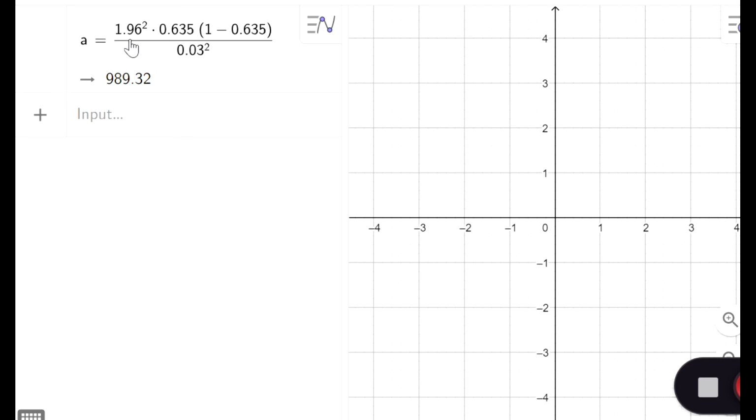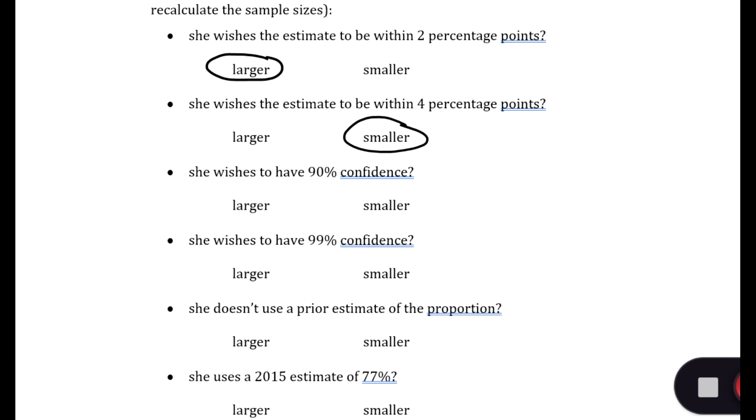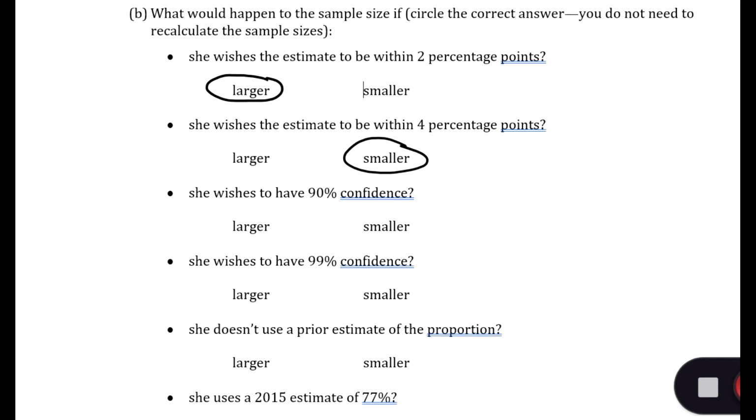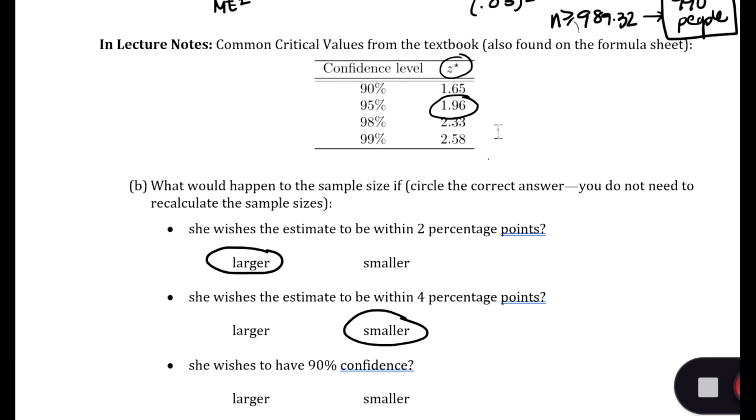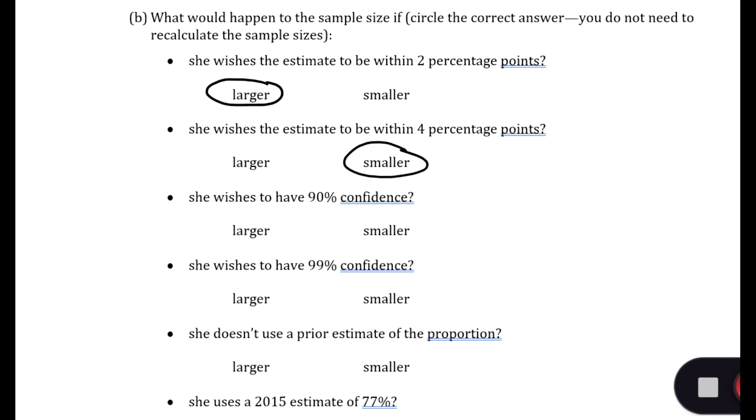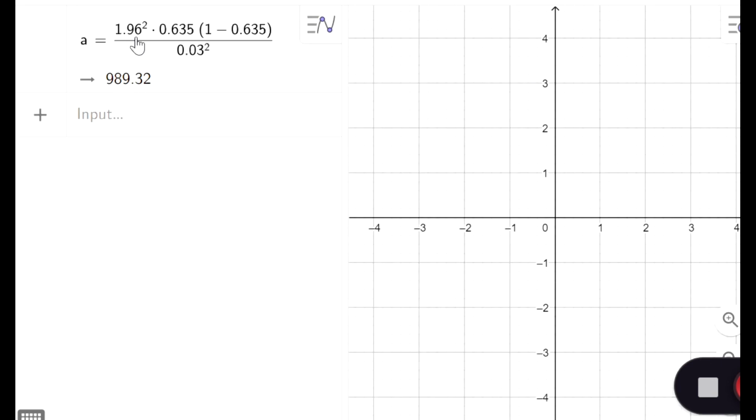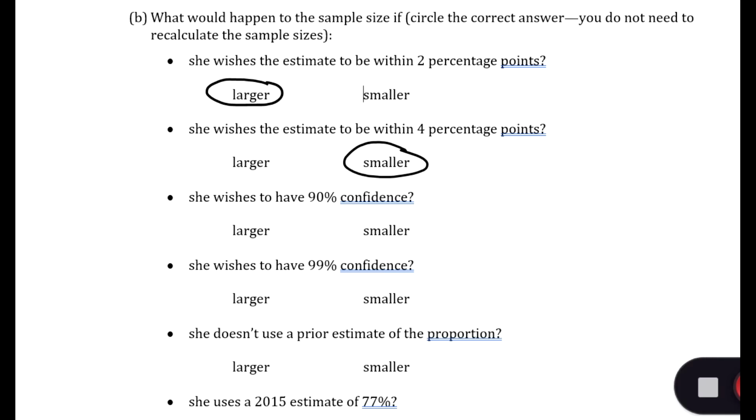If I wanted instead 90% confidence, that's going to change our critical value, and we'd have 1.65. So instead of 1.96, we'd have 1.65 squared, and you get 701.12, so 702 people. So it got smaller.